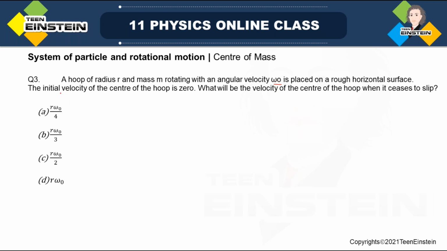The initial velocity of the center of the hoop is 0. What will be the velocity of the center of the hoop when it ceases to slip? That is the question.